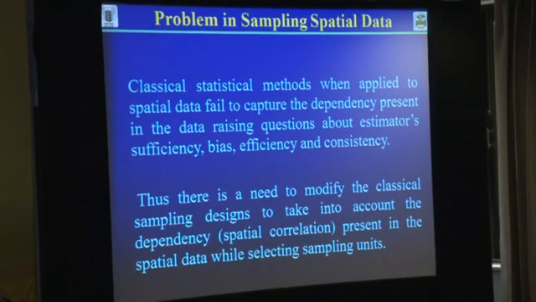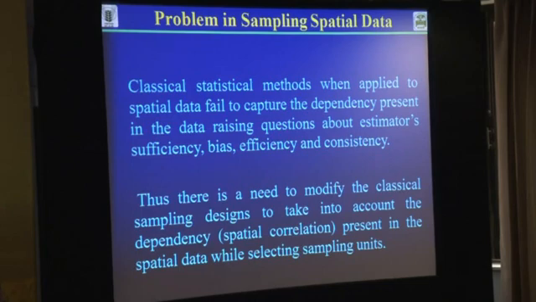But as I already mentioned, the problem in these sampling designs, which do not take care of the spatial data, is that they fail to capture the dependency present in the data, which raises alarming questions about the estimators' properties, that is sufficiency, efficiency, consistency, or bias.